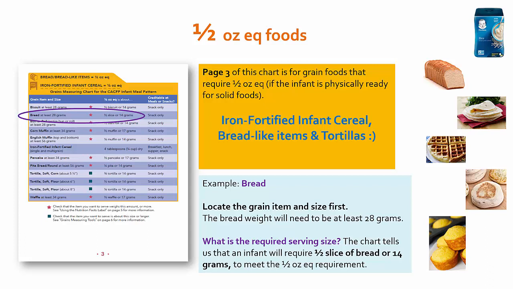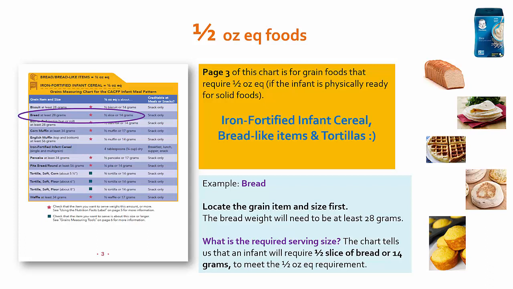In this chart on page 3, you will see iron fortified infant cereal, bread-like items, and tortillas. Also in this chart, we have bread.